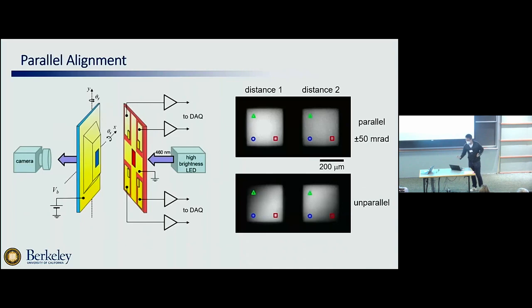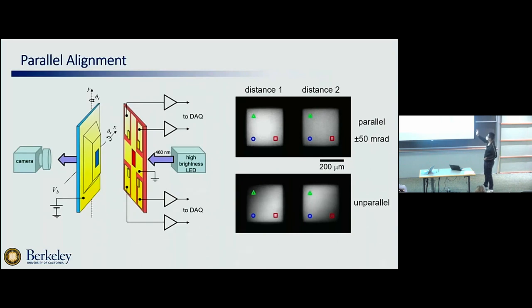And here are a few more details regarding how we align these membranes. We use the electrode pads to make sure that they all contact the mesa structure. At the same time, we use an LED with blue light to look through the membrane. This is an optical interference measurement, where if the membranes are slightly tilted, you will see inhomogeneous interference patterns.